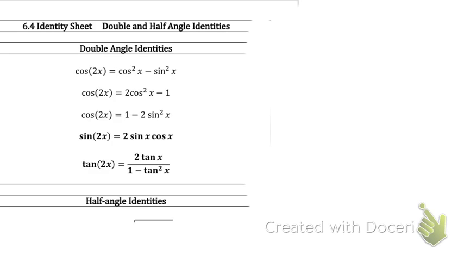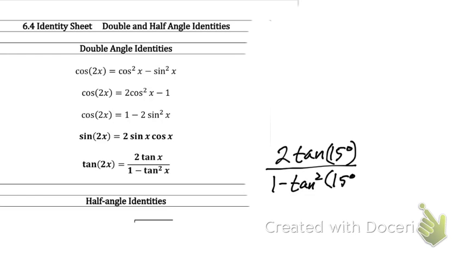So they give us 2 tangent of 15 degrees all over 1 minus tangent squared of 15 degrees. See how it matches up with the x's here? So I can go one step backwards and just replace this x with 15 degrees, and then it'll just be tangent of 2 times 15 degrees. So if you can go this direction, you can definitely go backwards once you figure out what that x is.